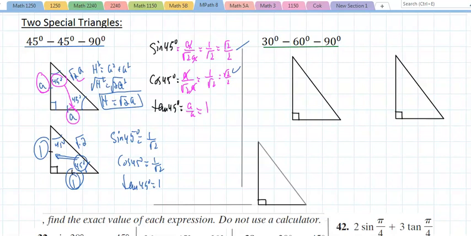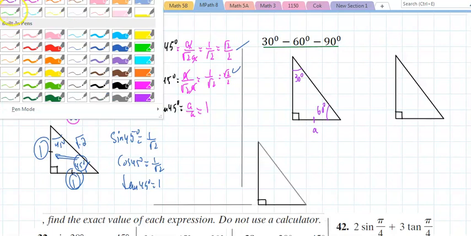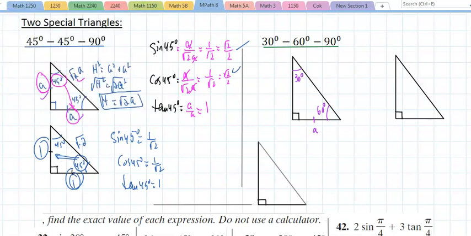If I look at 30, 60, 90, if I call this 30, and I call this 60. Now, if I label this side A, I'm stuck. Here, whatever this side is, this side is. Here, that's not going to work. So what I'm going to do is draw an auxiliary figure.